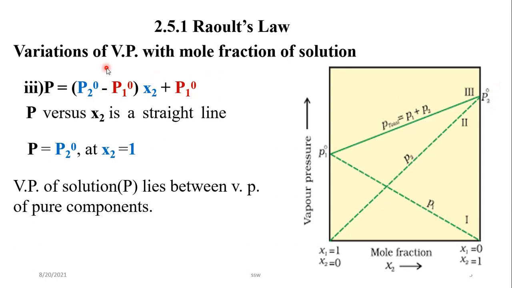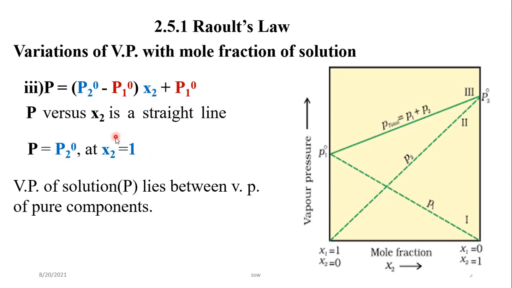How? See here. This is the equation for P, that is the vapor pressure of the solution. Now suppose here x2 is equal to 1. What is x2? It is 1. If you multiply this by 1, then minus P1 0 plus P1 0 will cancel, and P2 0 is equal to P because x2 is equal to 1.